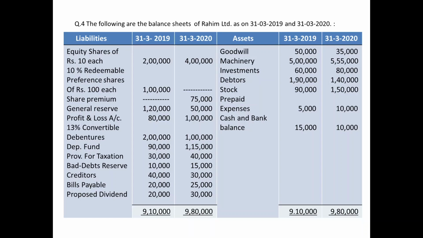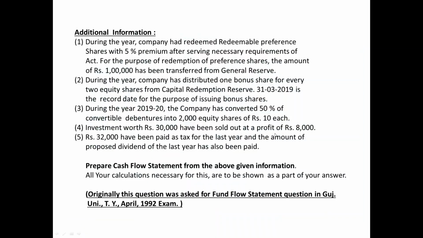The balance sheet has so many items, one for the last year, another for the current year as usual. And for the current year, that is 2020, we have to prepare the cash flow statement. Then additional information, five points have been given.